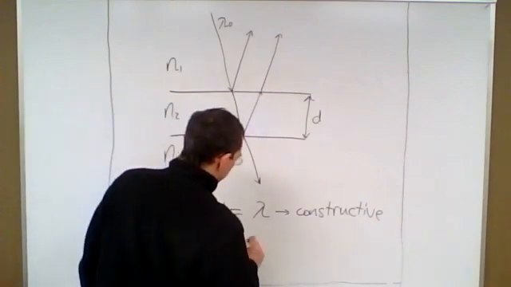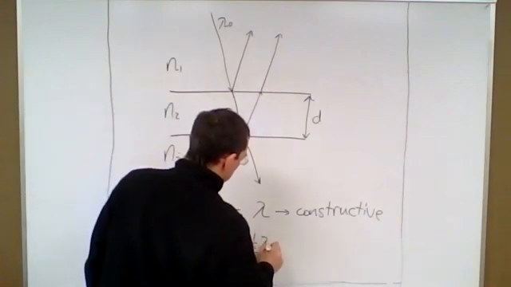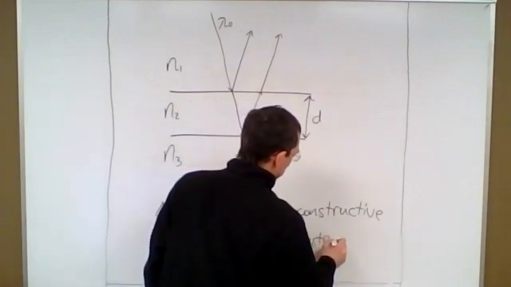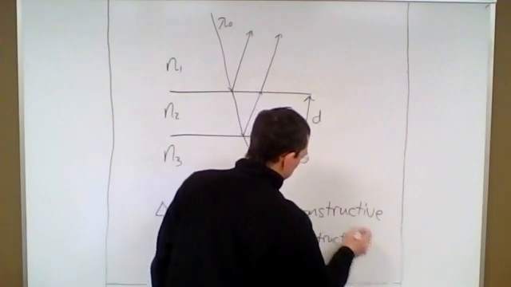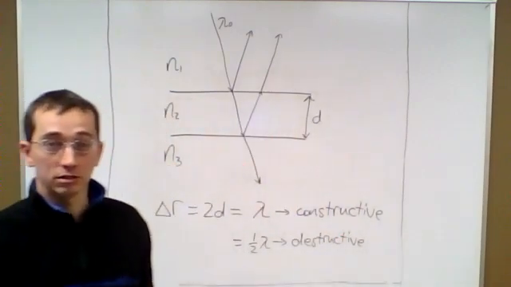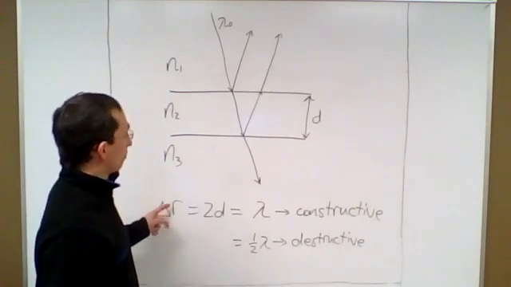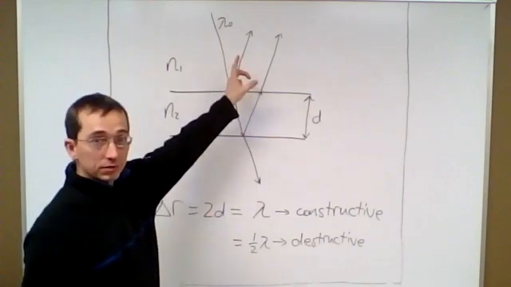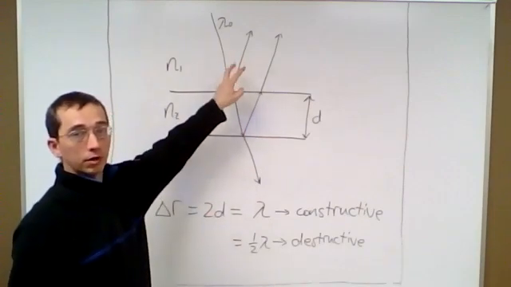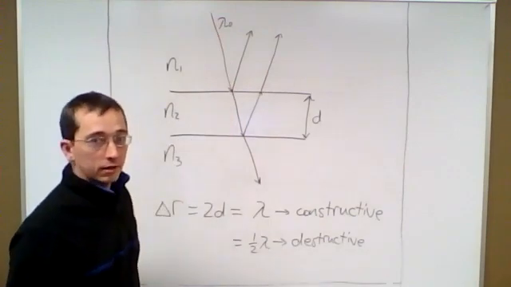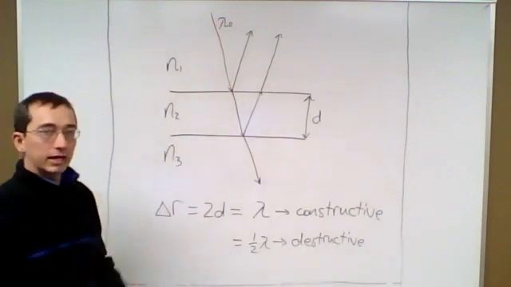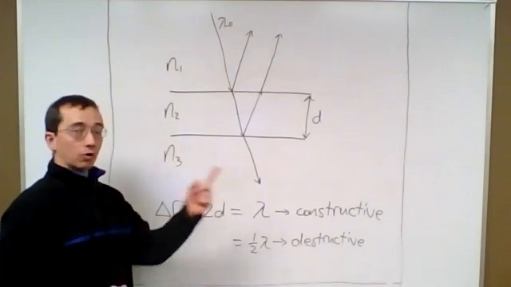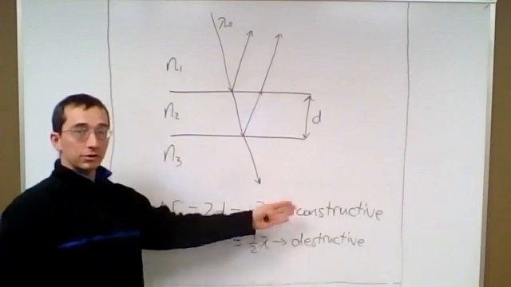Or we want it to be equal to a half wavelength, if we want it to disappear or be destructive. Because if this total path difference, 2D, is half a wavelength, then it's going to come back out flipped by the time it matches up with this one and combines into our eye. So that's one condition we have: the path difference, which is 2D, is either a wavelength or a half wavelength, depending on the condition we want.